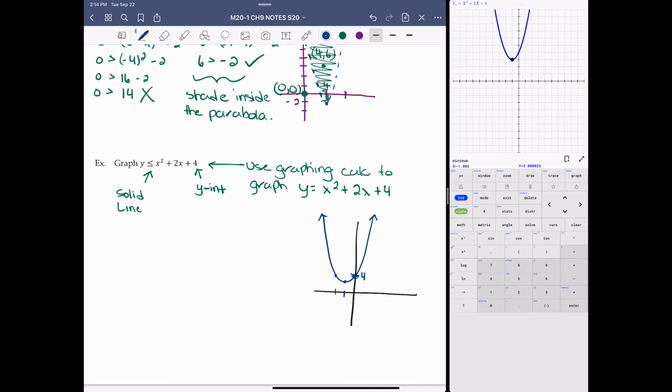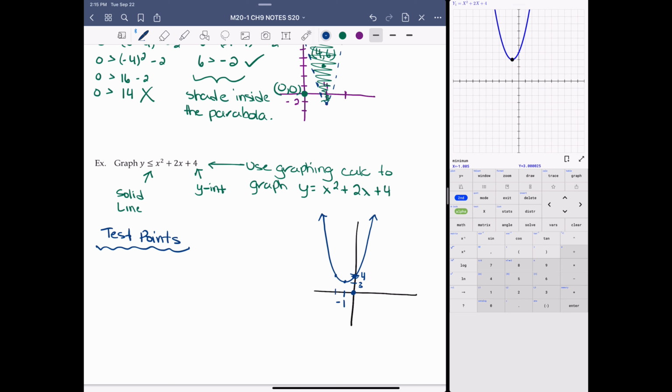There's my parabola. Let's do some test points. We want to test the point that's inside the parabola, and we want to test the point that's outside the parabola. Let's test the point on the outside first.